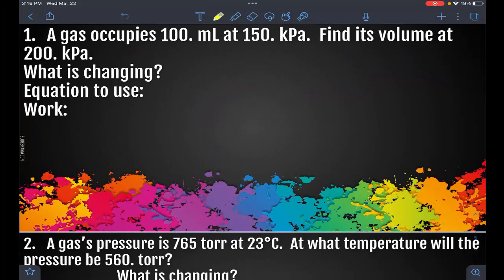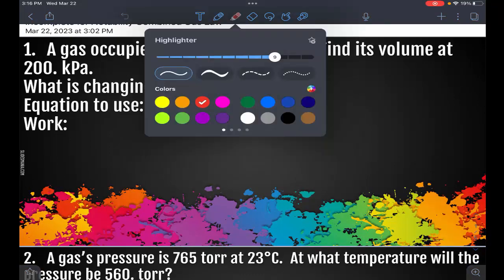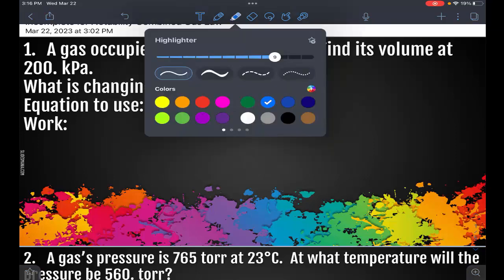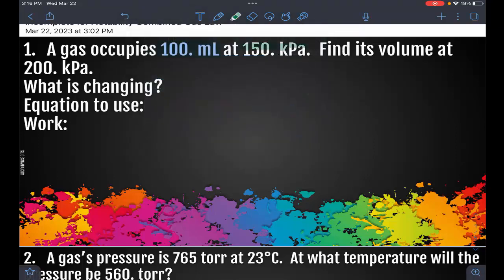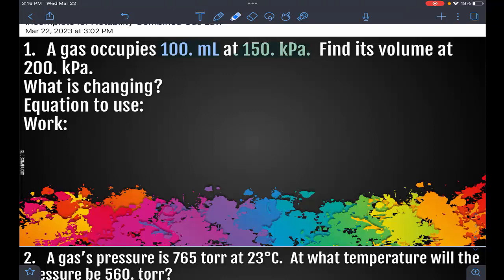All right, so we are going to run through our examples here, starting with number 1. So we have a gas occupies 100 milliliters. I'm going to do some highlighting. 100 milliliters, that's a volume, at 150 kPa, that's a pressure. Find its volume, so volume, I'm going to go back and highlight that word blue.